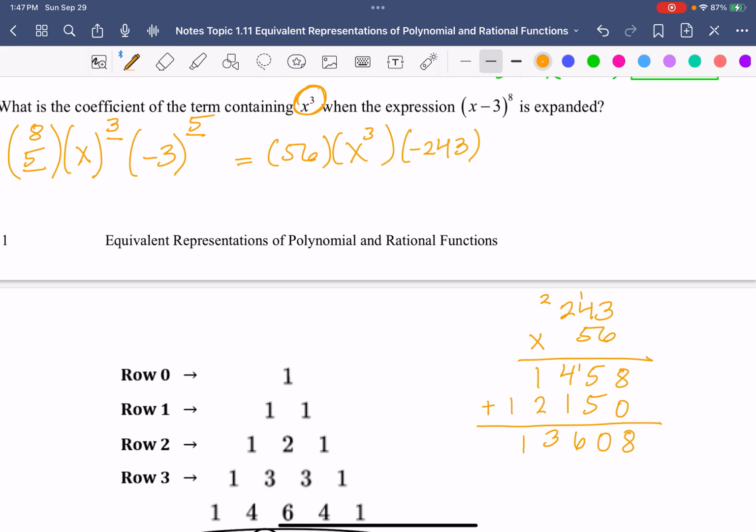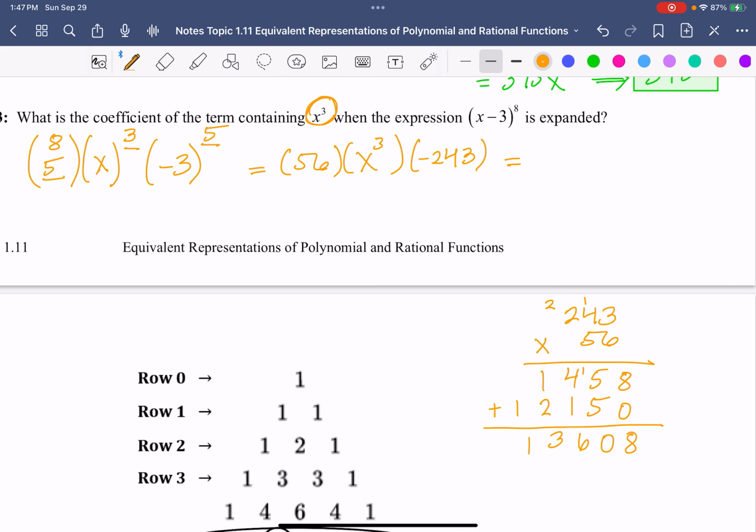And then 1. Remember, this was a -243, so it'll be -13,608 times x cubed. But they only wanted the coefficient, so the final answer is -13,608.